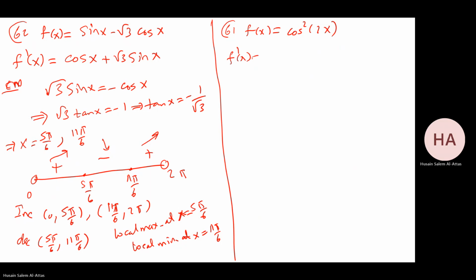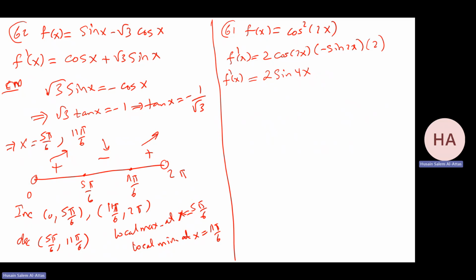F prime will be 2 cosine 2x times minus sine 2x times 2. Don't forget times 2: 2 cosine 2x, times the derivative of cosine 2x, which is minus sine 2x times 2. So that will be 2 sine 4x, using the double angle idea. This is f prime. Or you can leave it as this, and you can take sine 2x.